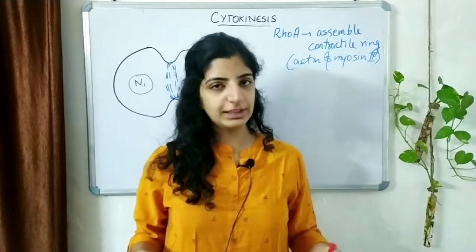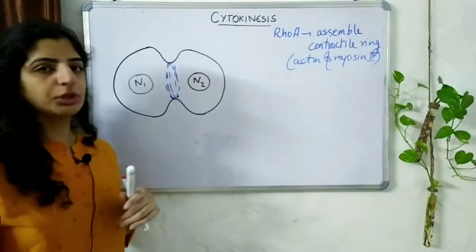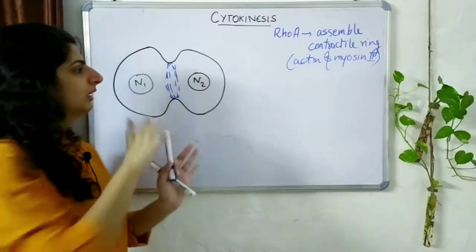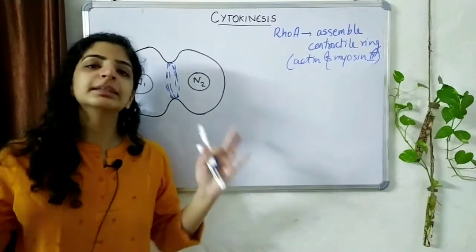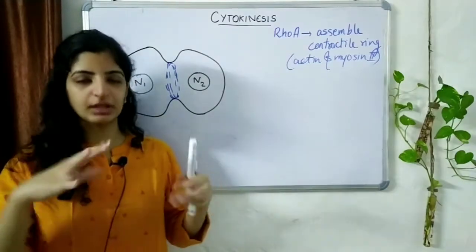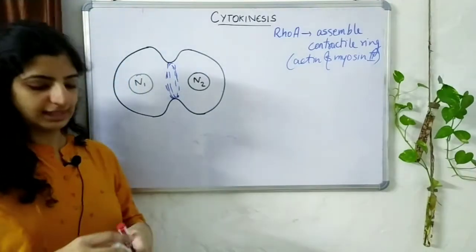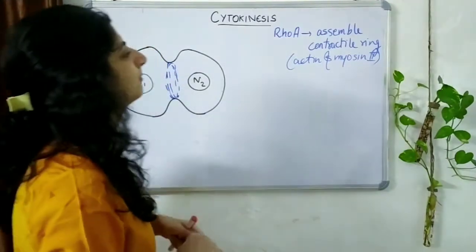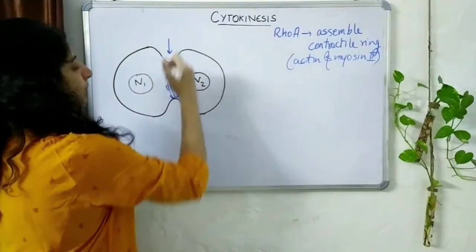By the end of the telophase, or during the late telophase, we know that the two nuclei have started to form. The nuclear envelope is developing, the chromosomes are loosening up into chromatin, and our cell has started to divide. The contractile ring now starts to move inwards.